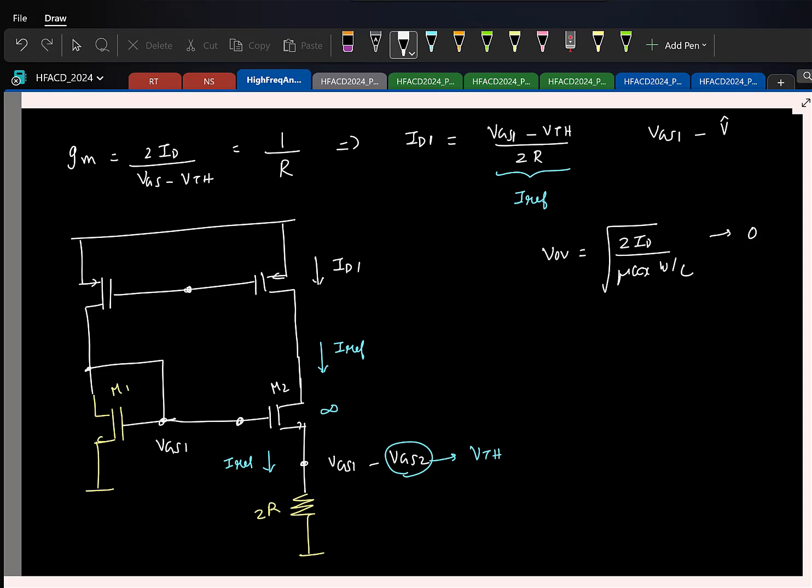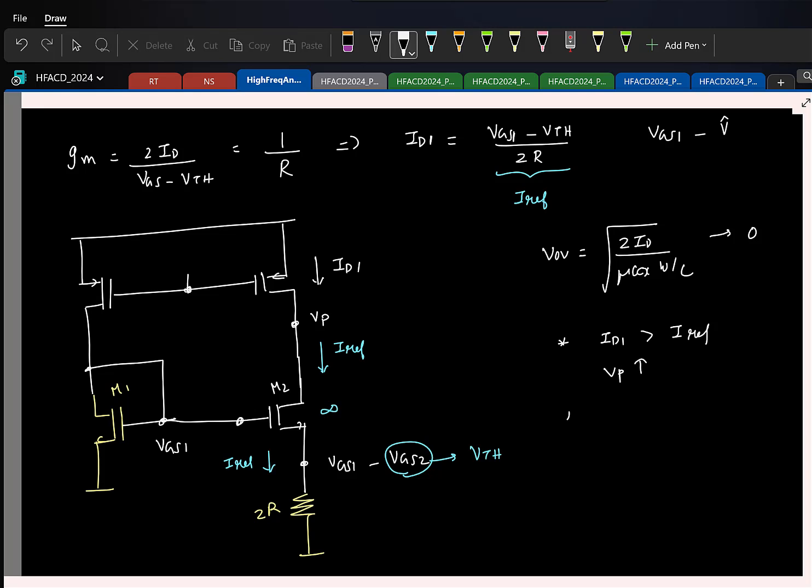Now of course I can't keep it to be a constant current source because I have to change this, and as you can see here, if ID1 is not equal to Iref, what will happen to this voltage? That will change. So that can be used as a sensing point. If I call it Vp maybe. So if ID1 is greater than Iref, what happens to Vp?